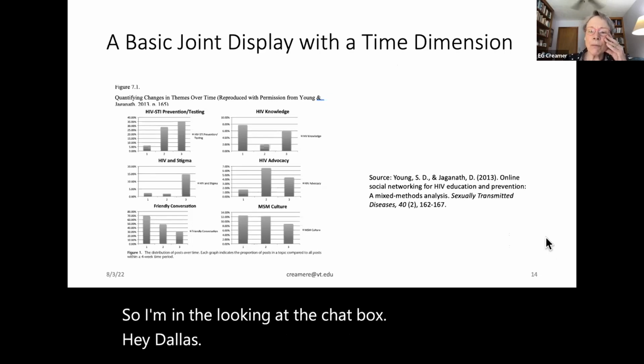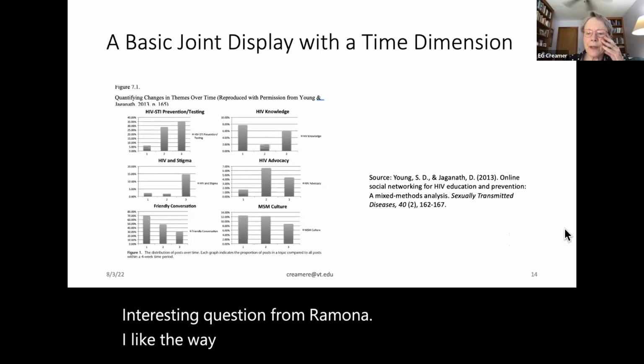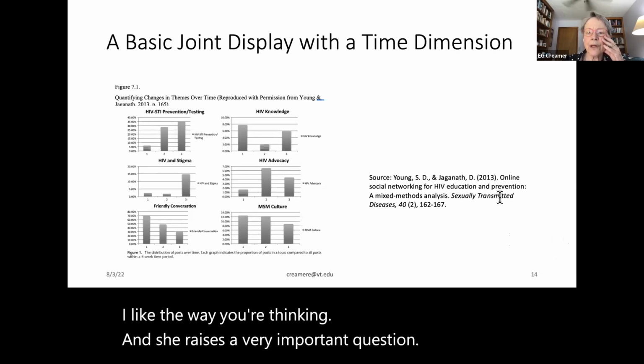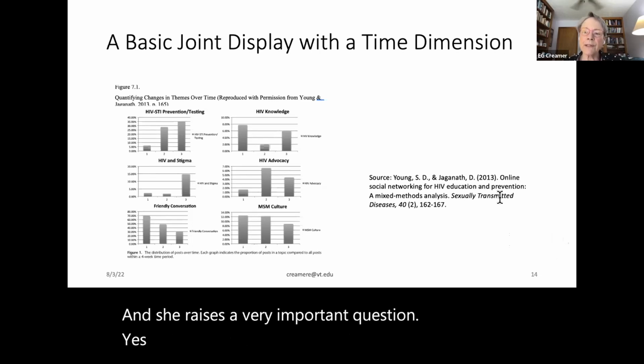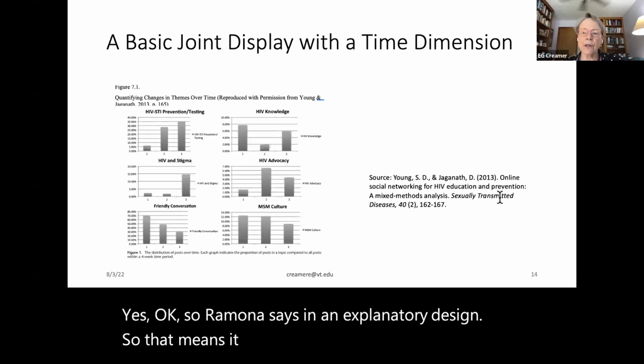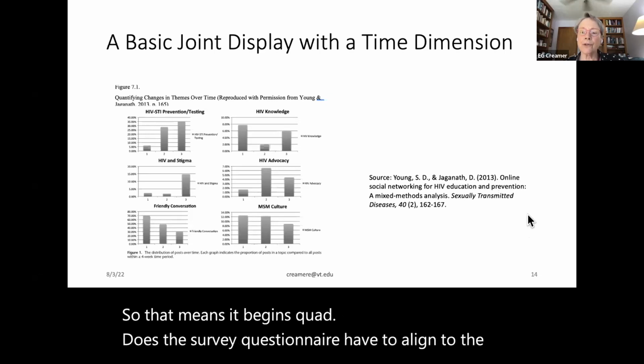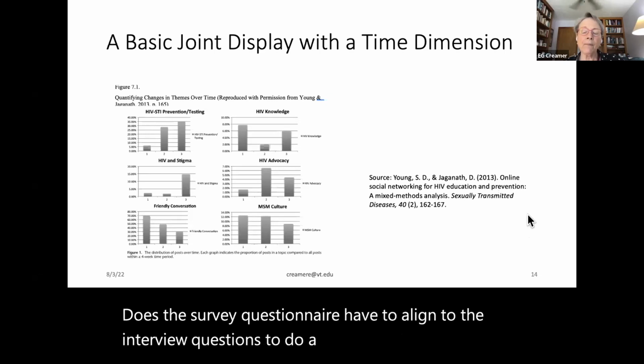Interesting question from Ramona. I like the way you're thinking. She raises a very important question. Yes, okay. So Ramona says, in an explanatory design, so that means it begins quant, does the survey questionnaire have to align to the interview questions to do a joint display?